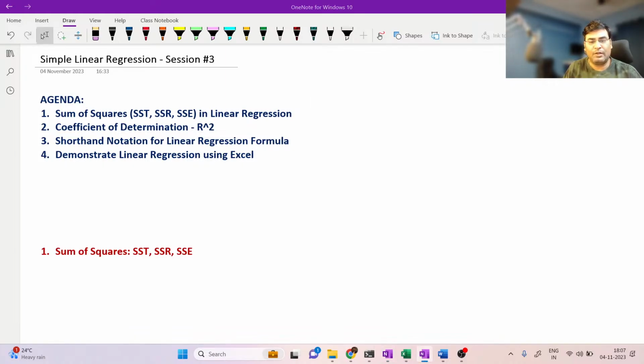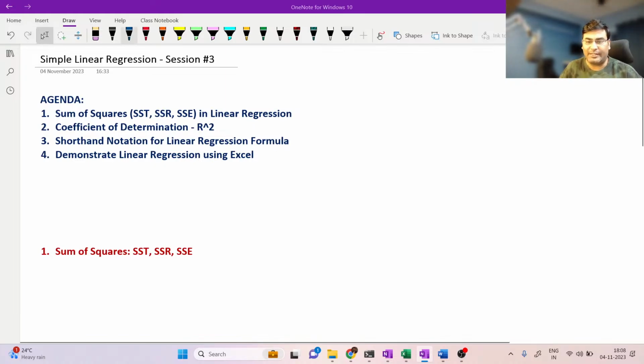Okay, so what is sum of squares going to give you? If you recall a bit of the fundamental statistics from your school days or engineering days, generally, when you do sum of squares, it represents variability in the data, isn't it?